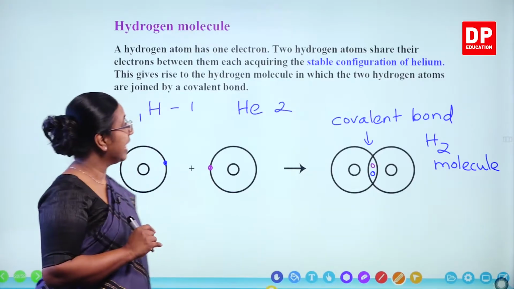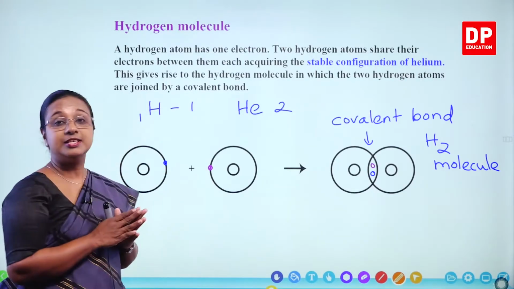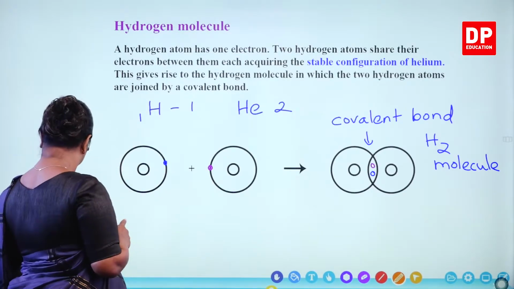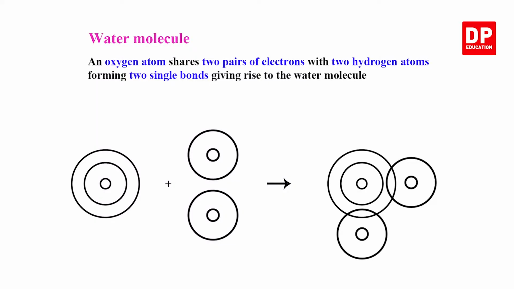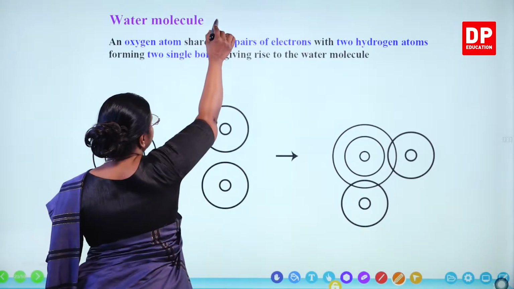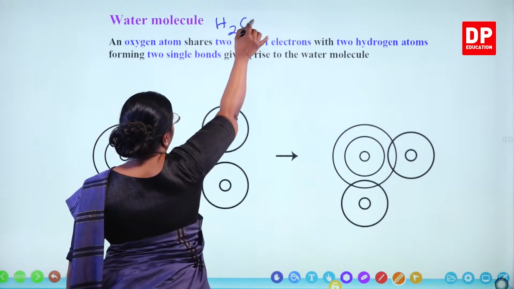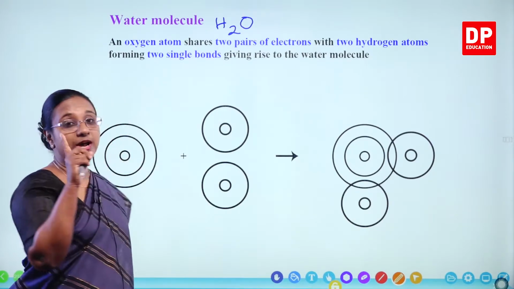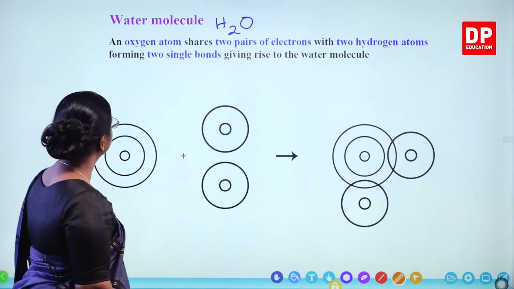So then with that I will move on to the next example. So the next example is water. So water molecule, you all know the chemical formula of water. What is it? H2O. So there is one oxygen atom and 2 hydrogen atoms.